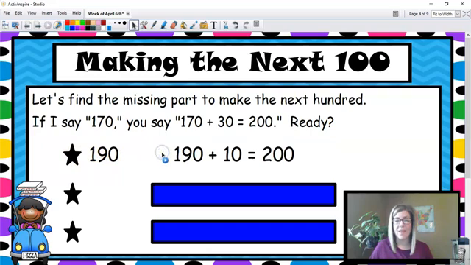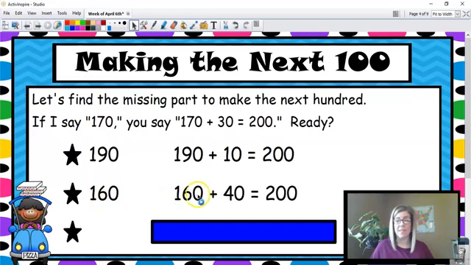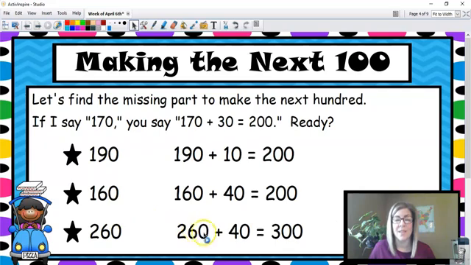You say 190 plus 10 equals 200. 160. You say 160 plus 40 equals 200. 260. You say 260 plus 40 equals 300.